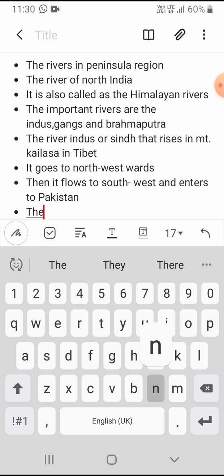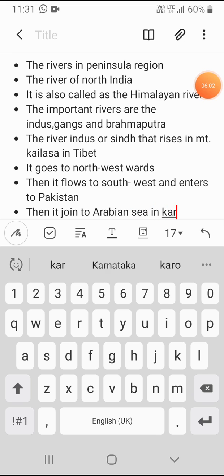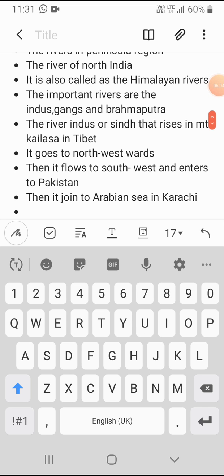Then it joins the Arabian Sea near Karachi.